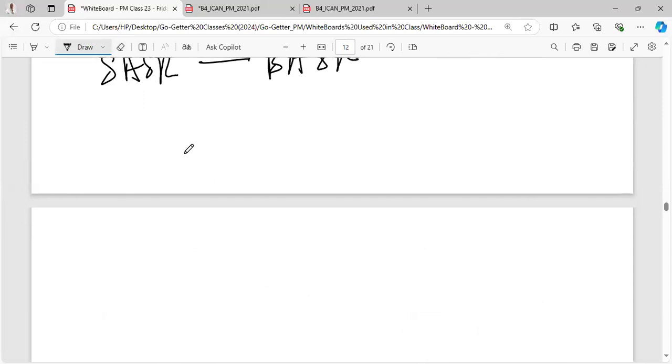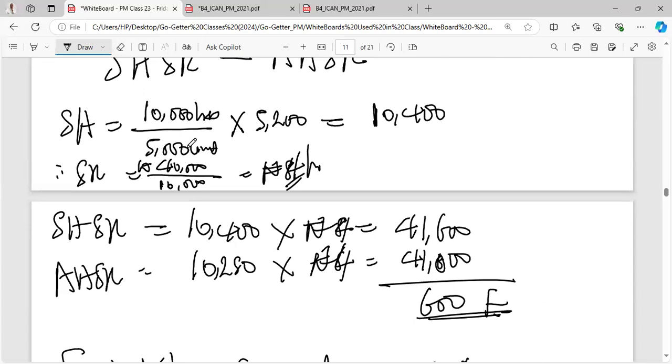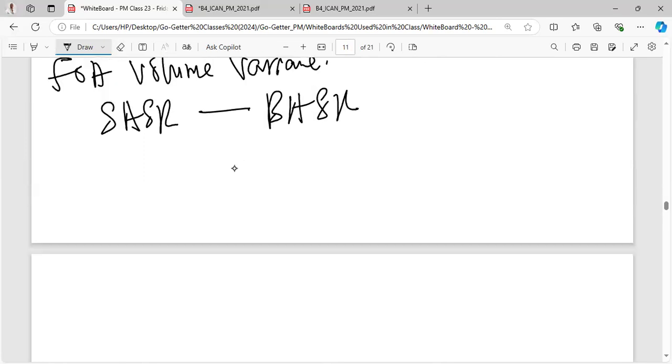When we were deriving this standard hours, it's 2 hours, yeah? So we say this is 10,000 hours all over 5,000 units multiplied by 5,200.